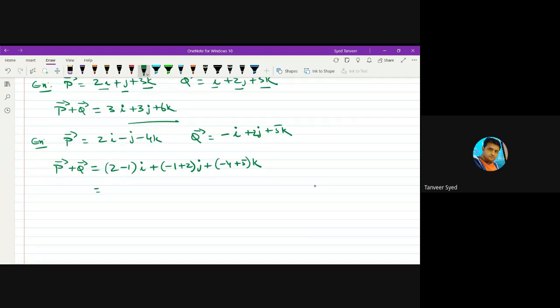So this will be 2 minus 1, which is plus 1, so 1i, or you can simply write i. Minus 1 plus 2 is again plus 1, so j. Minus 4 plus 5 is again plus 1, so k. The sum is i plus j plus k.